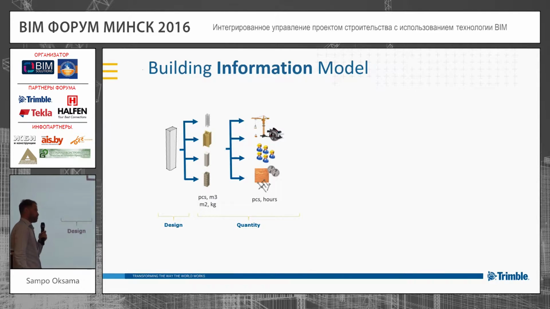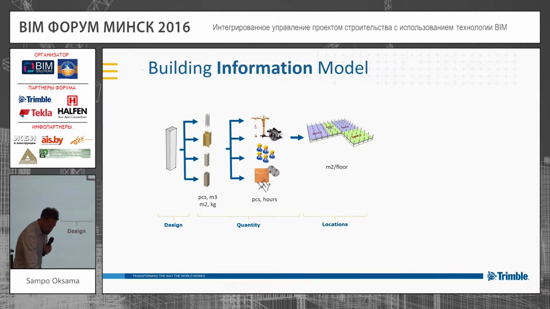Then we also know what we need for the construction. How many workers do we need? What kind of resources? What kind of machinery and tools do we need? With this kind of recipe library that our company might have, we can then calculate the cost.